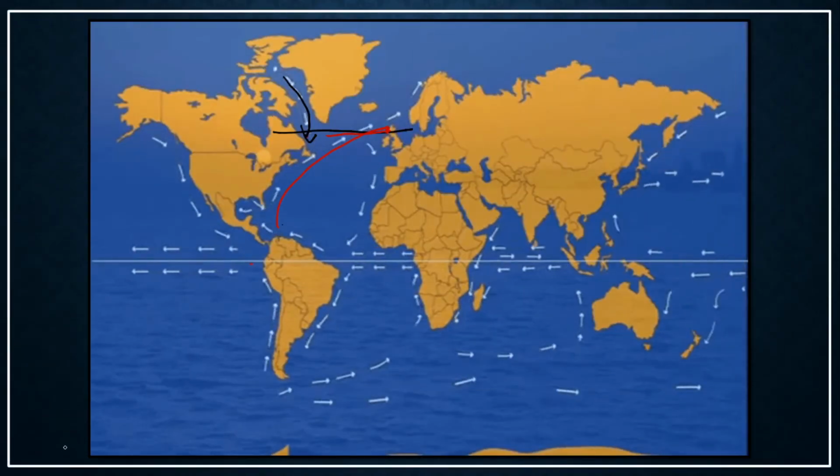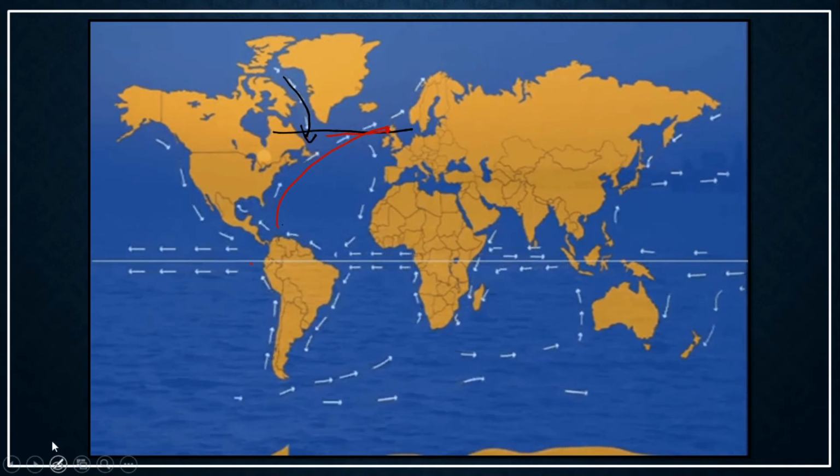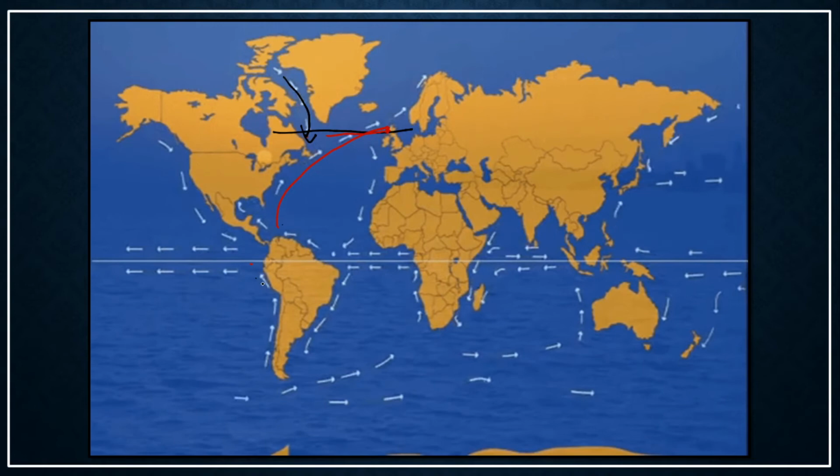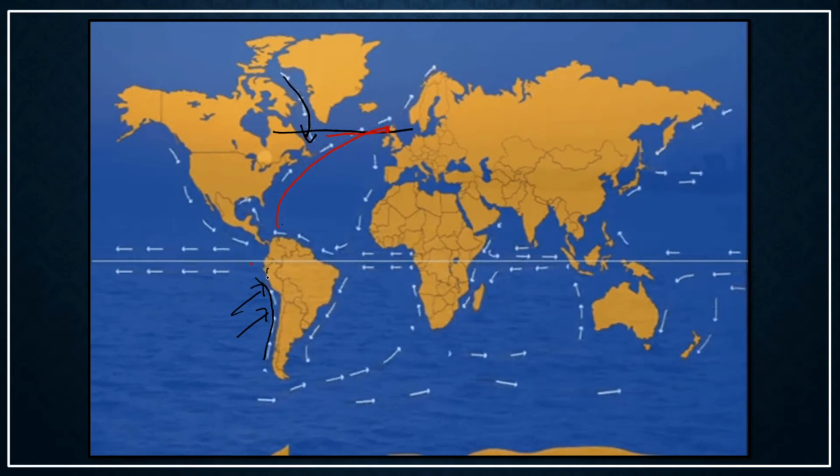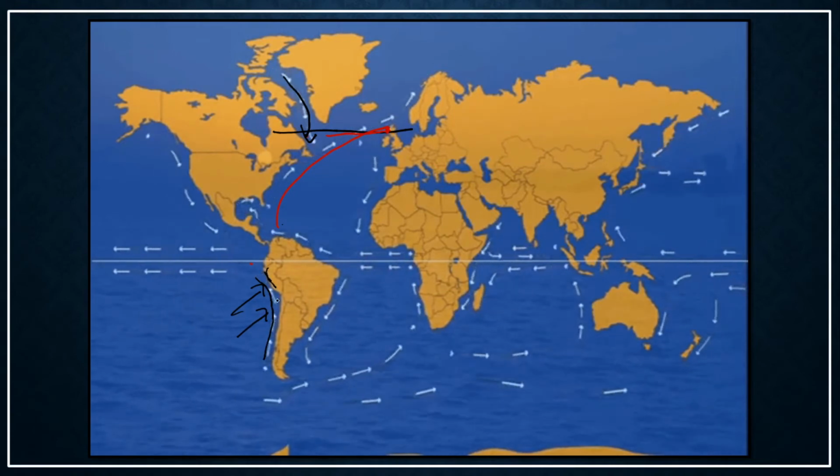Now, winds which move over these cold currents bring a cooling effect in these areas. However, because these winds are moving over cold currents, they do not bring rainfall, and that is why we have the Atacama Desert over here, which is a very dry desert.